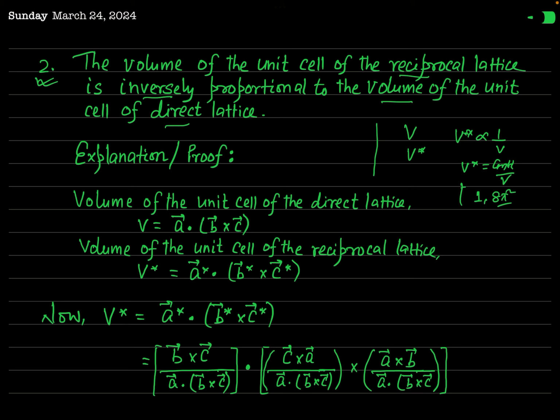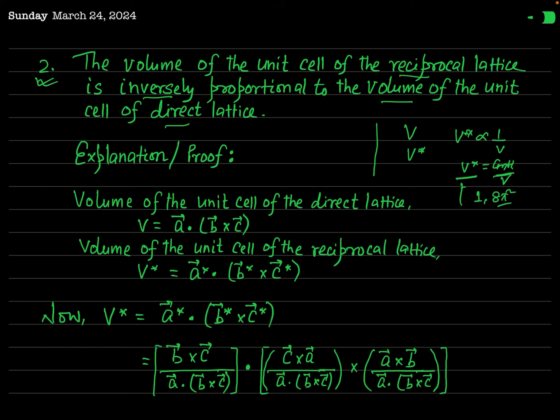So what we have to prove here? We have to show that the volume of the unit cell of the reciprocal lattice is inversely proportional to the volume of the unit cell of the direct lattice.